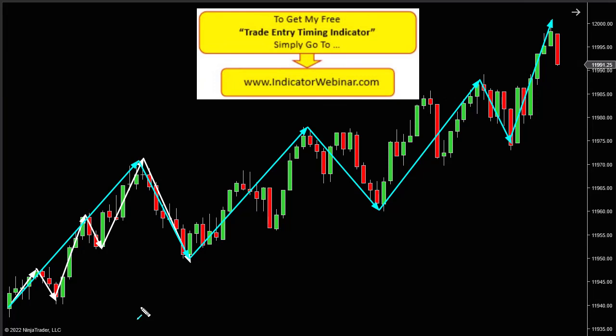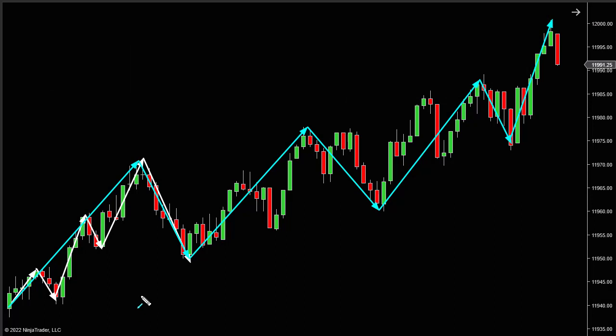It's my gift to the trading community. This is what I use to time my entries. Again, it removes all subjectivity and makes the retraces where you're going to enter in an uptrend very objective and rule-based, literally mathematical.